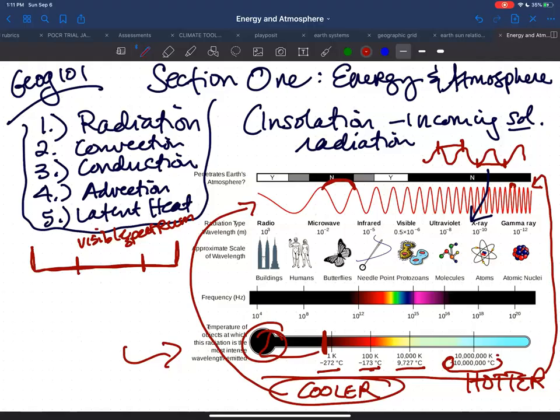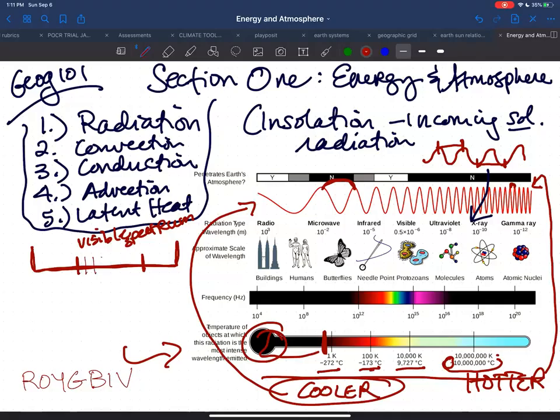If you don't, many people have learned the acronym Roy G. Biv as a way to remember the different colors of the visible spectrum and the order that they come in. So let's put those in there.